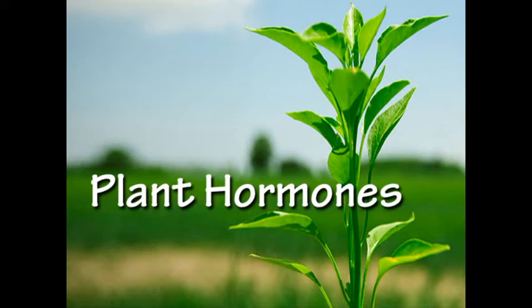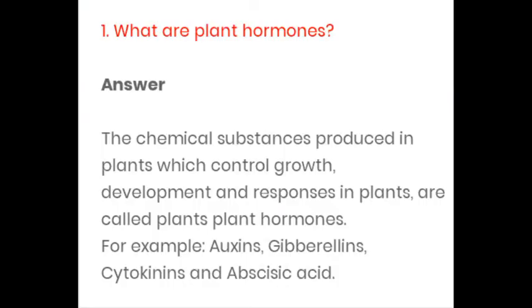Today we are going to discuss plant hormones or phytohormones. What are plant hormones? The chemical substances produced in plants which control growth, development and responses in plants are called plant hormones.